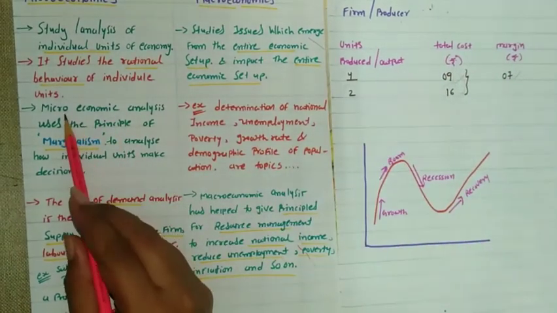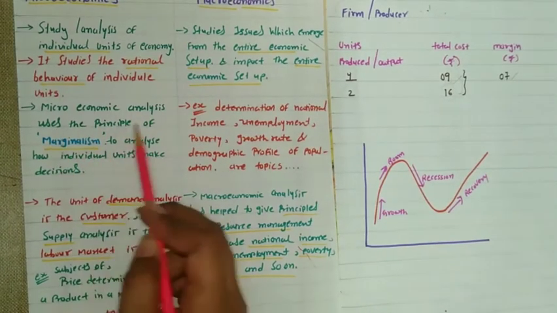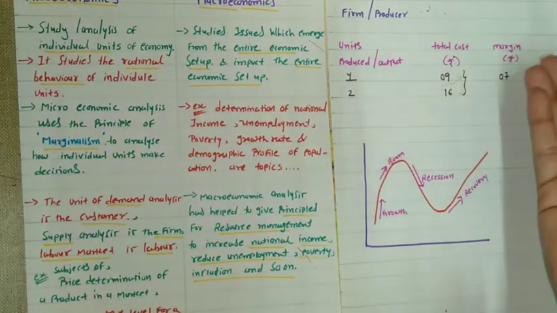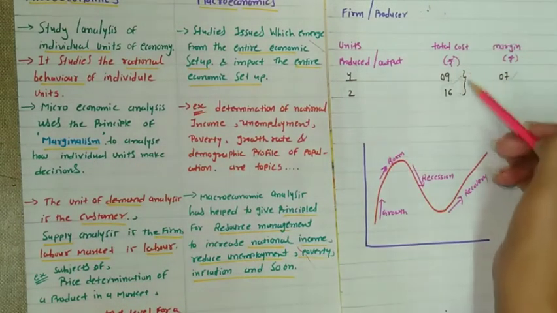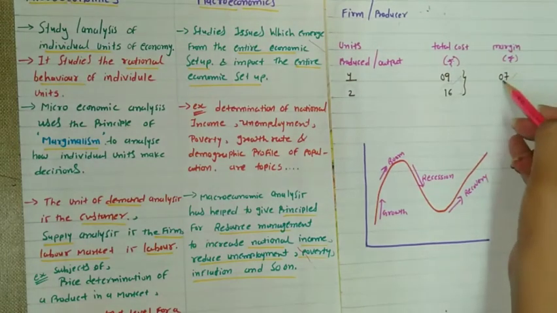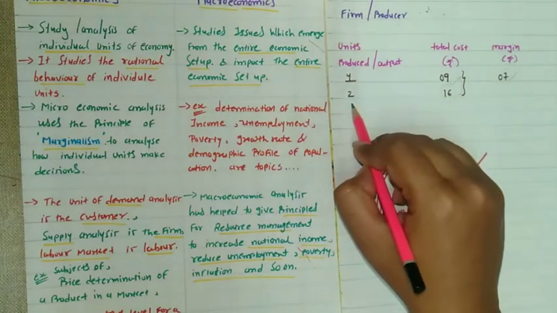Here, microeconomic analysis uses the principle of marginalism, where we have 7 rupees as a margin. So 7 rupees extra will cost to make 2 candies.